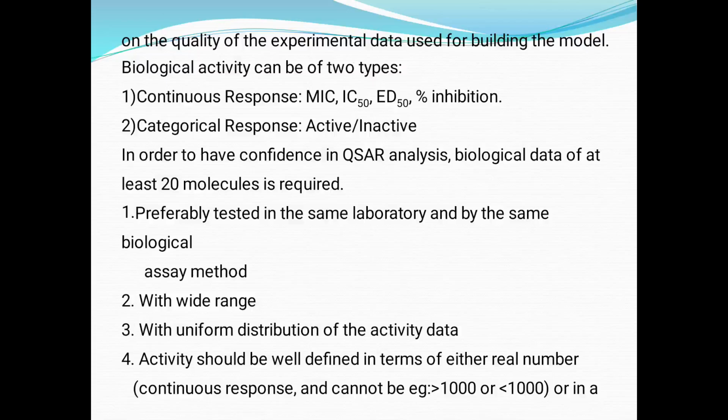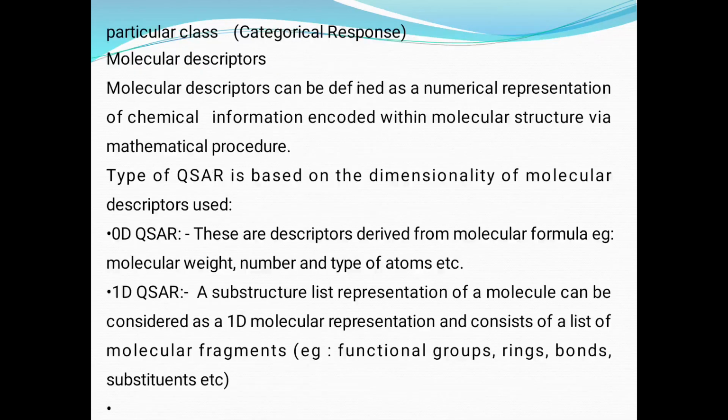Preferably these molecules should be tested in the same laboratory and by the same biological assay method with a wide range, with uniform distribution of activity data. Activity should be well defined in real numbers, not less than 100 or greater than 1000, or in a particular class, for example benzodiazepines.